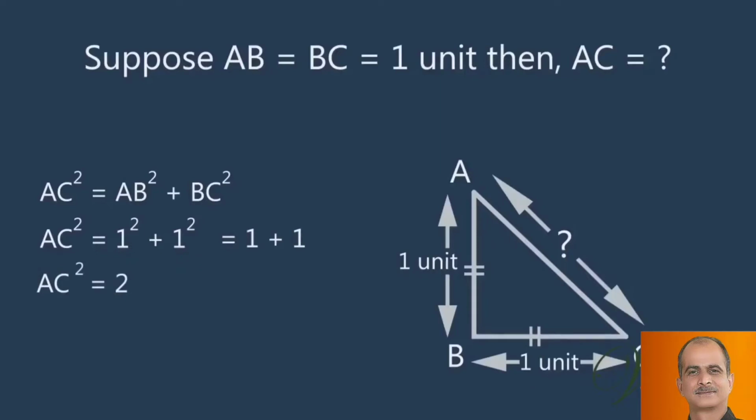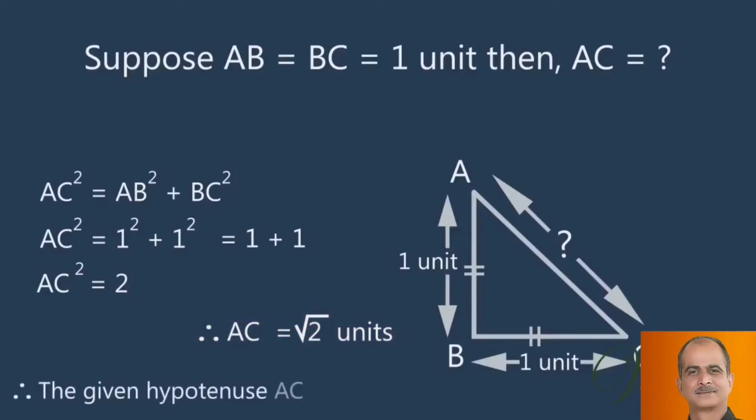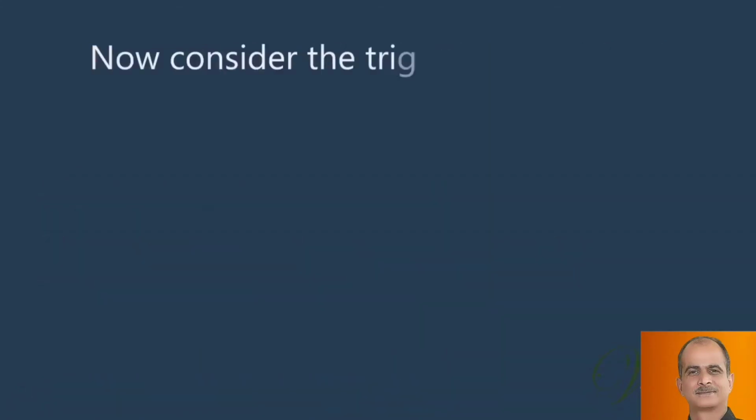Therefore, AC square is equal to 2, and that's why AC is equal to under root 2. Now we know the values of the three sides: 1, 1 and AC is equal to under root 2 units.